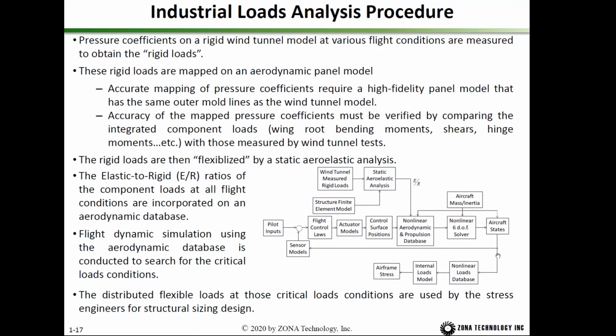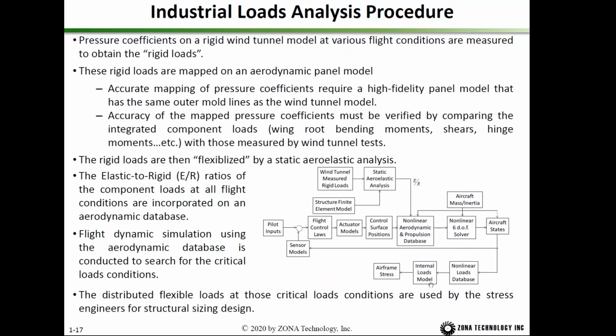But based on the airframe states, we have a nonlinear loads database like wing root bending and shear, also measured by the wind tunnel. Then ZONAIR can flexibilize these rigid component loads.